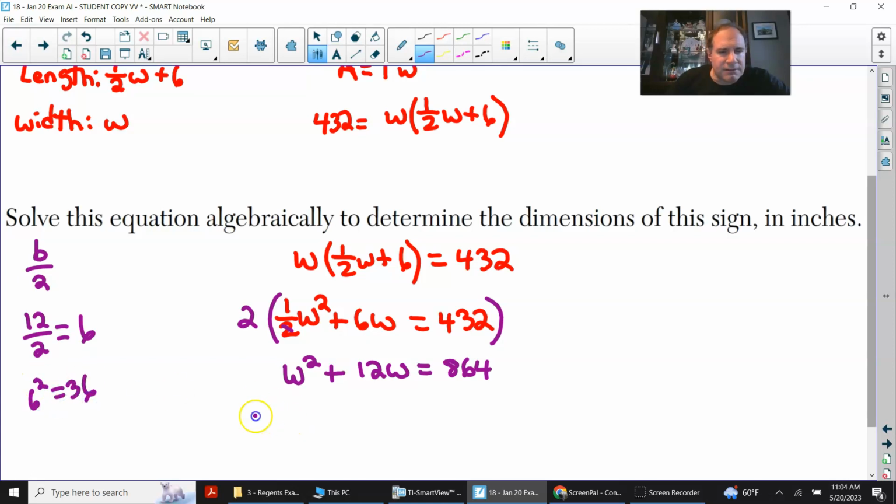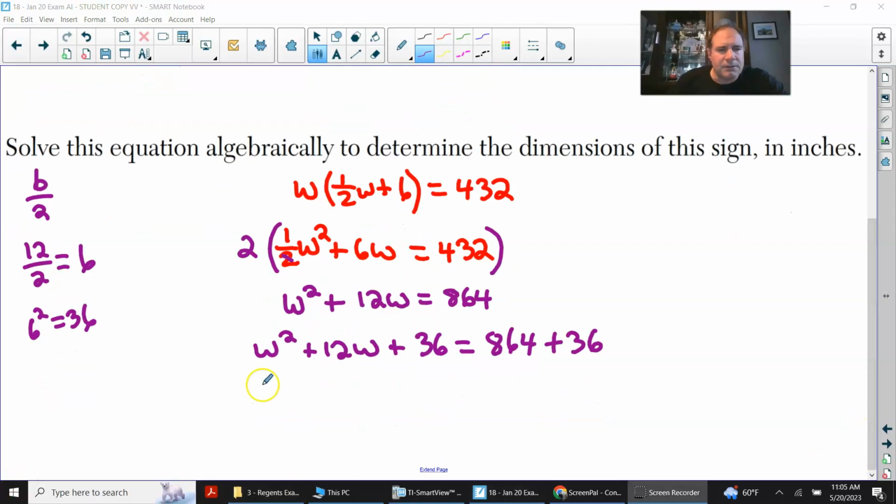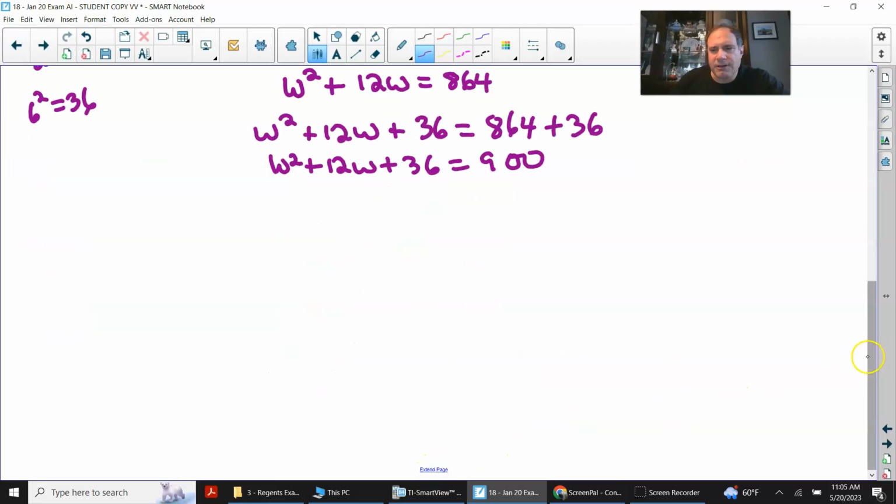So when I rewrite this, it is W squared plus 12W plus 36 equals 864 plus 36, which equals 900.